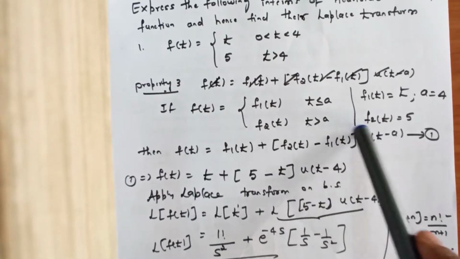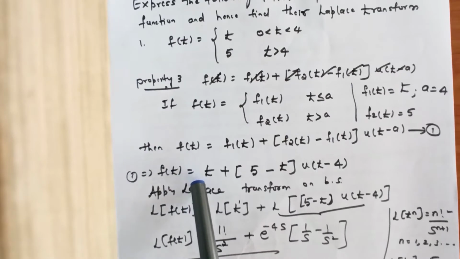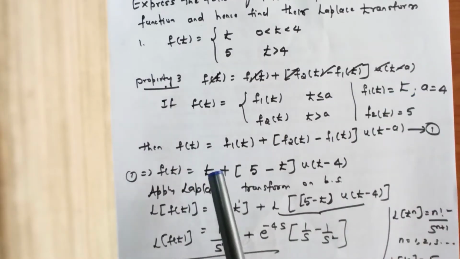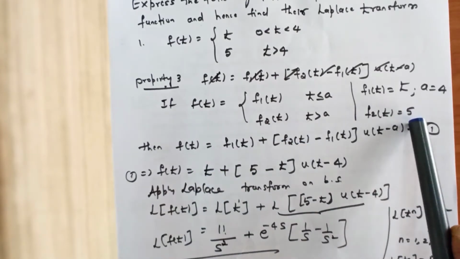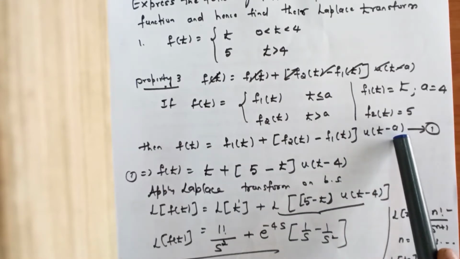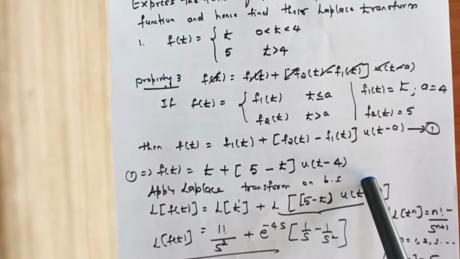Substituting all this data in equation 1, f of t is equal to t plus 5 minus t into u of t minus 4, where a is replaced by 4.